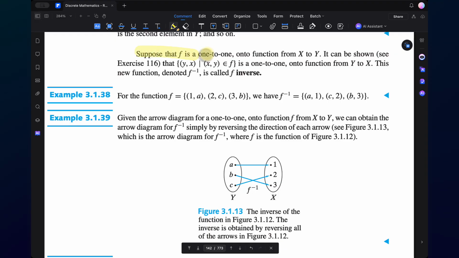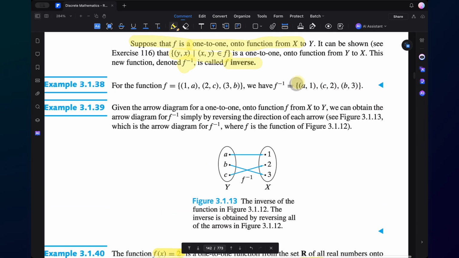Suppose that f is a one-to-one onto function from X to Y. It can be shown that if I just change the order, this is also a one-to-one onto function from Y to X. In other words, you can swap the domain and range and think of it as a function going the other direction, backwards. The new function is denoted by f inverse, and it's called the inverse function.